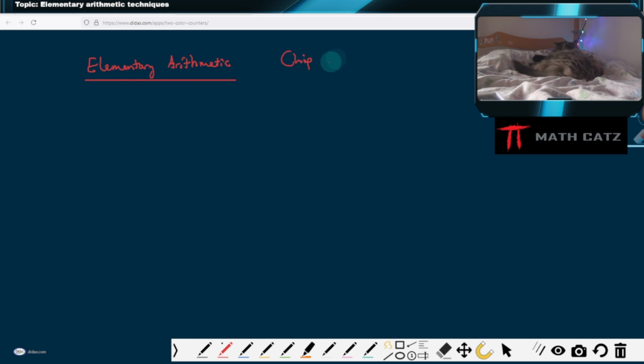We will now talk about an alternative, the chip model, where we're going to use multicolored chips, two different colors. One will indicate a positive chip. For example, let's take yellow as our positive chip. Yellow will be a positive chip and will count positive integers.